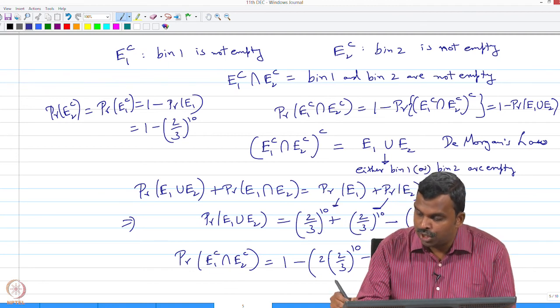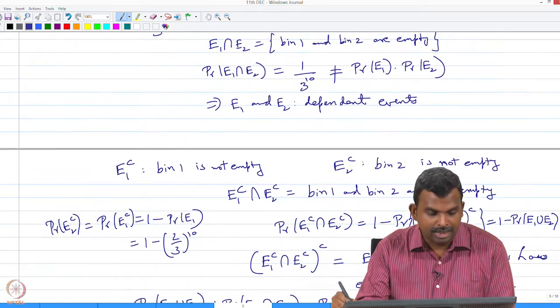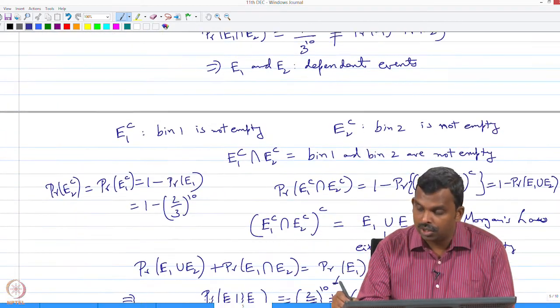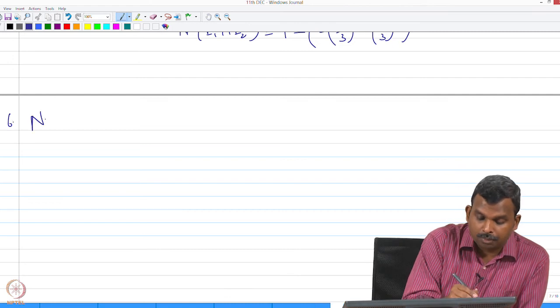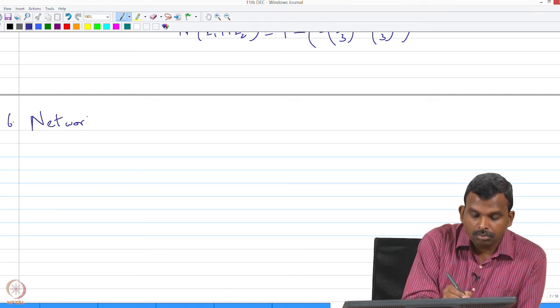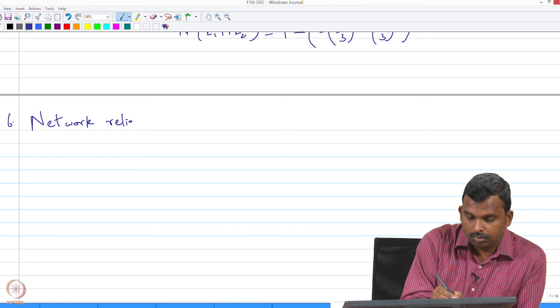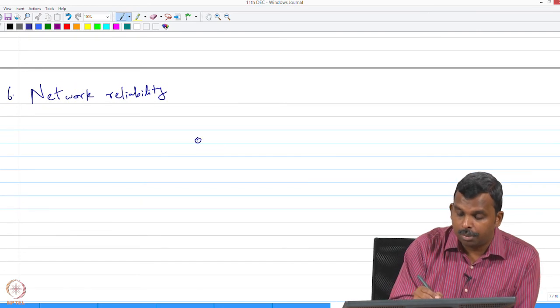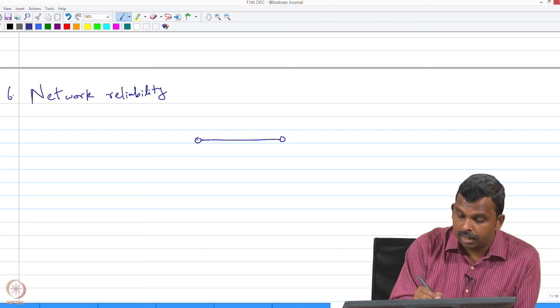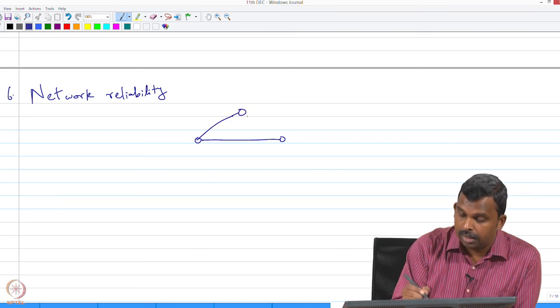A very nice illustration of this is going to come in the next example, and with that we will conclude this lecture. It is some sort of a network reliability problem. Okay. So, I am going to draw a very simple network here. Let us say you have one link here, another link here, and a third link here.